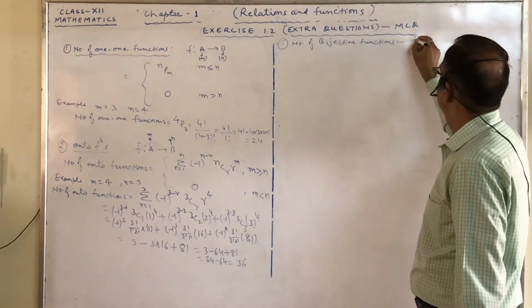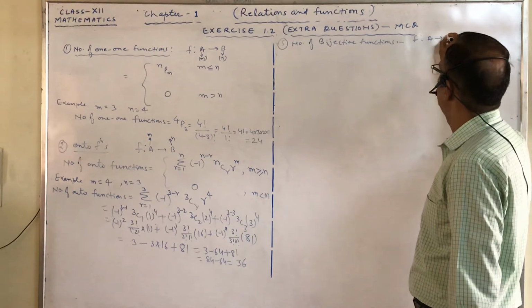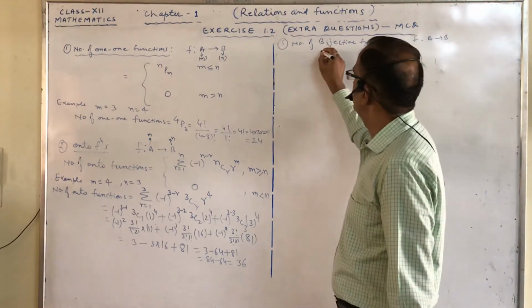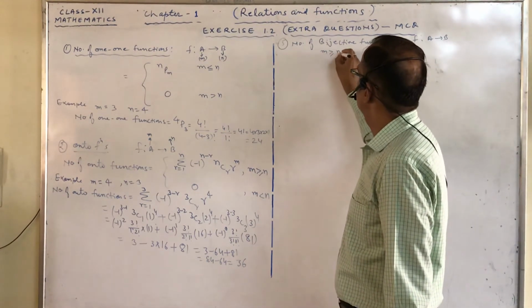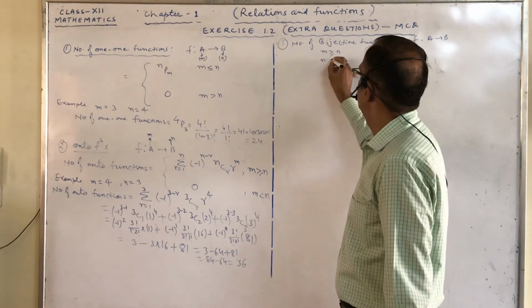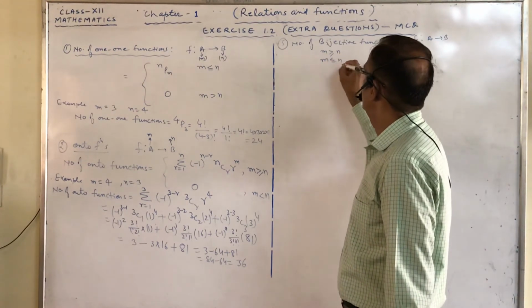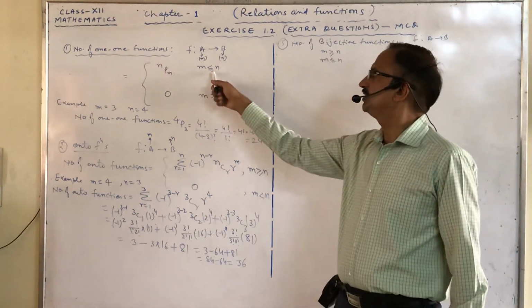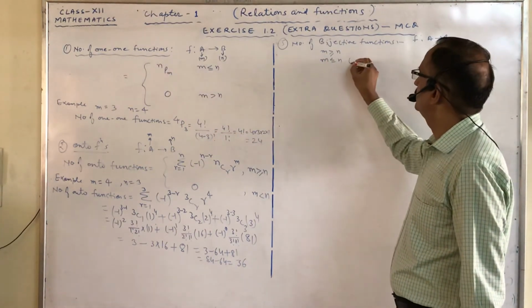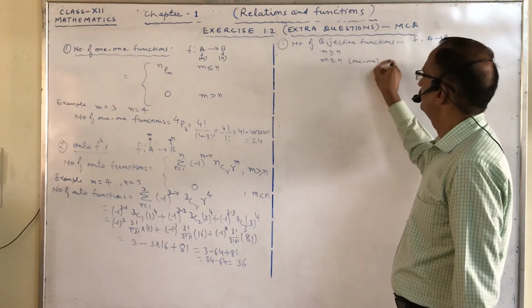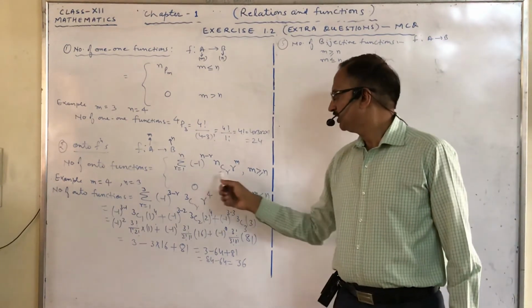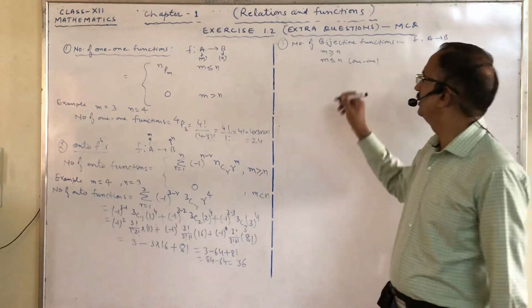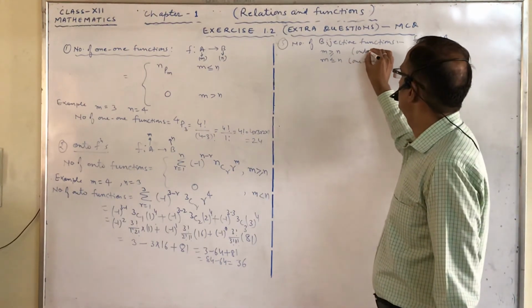Suppose f is a function from A to B. When it is bijective, it means m is greater than equal to n and m is less than equal to n. When it is 1-1, then m is less than equal to n. This is the condition of 1-1. When it is onto, then m is greater than equal to n. This is the condition of onto.